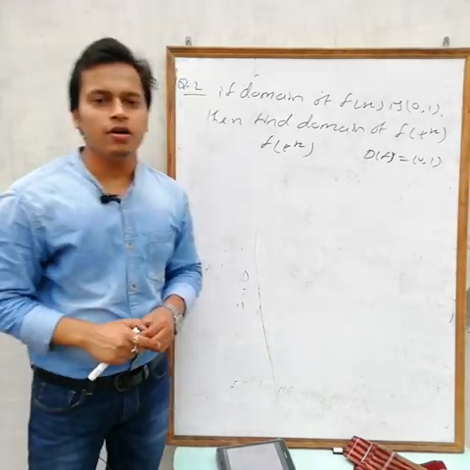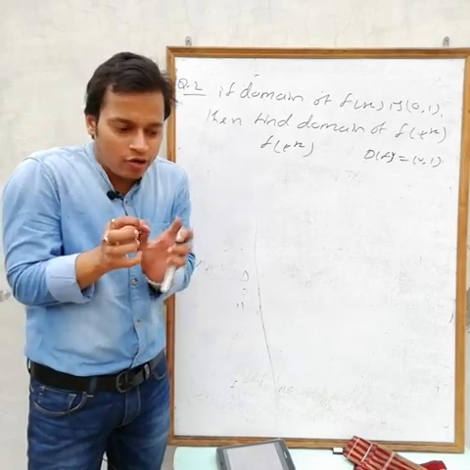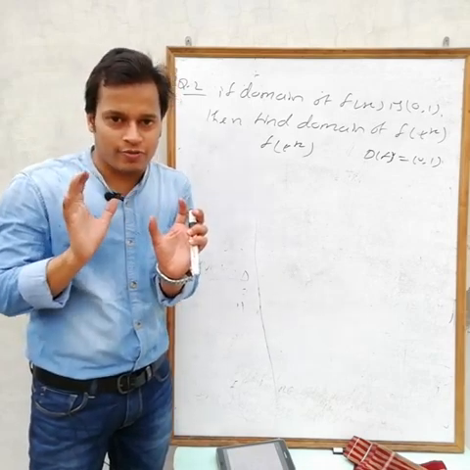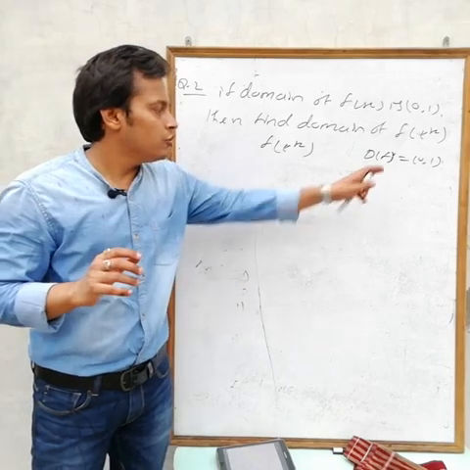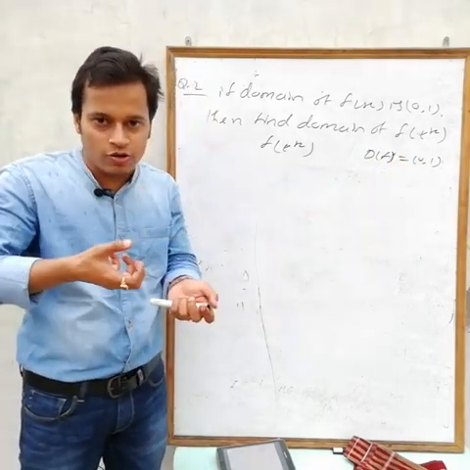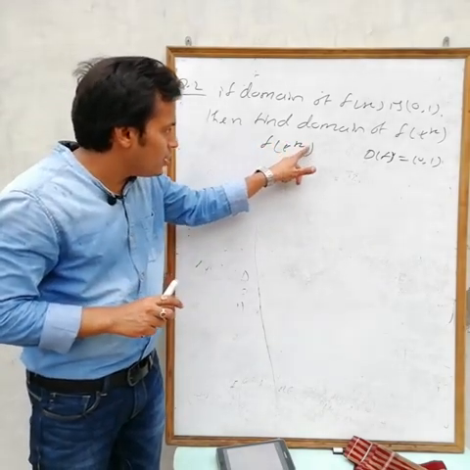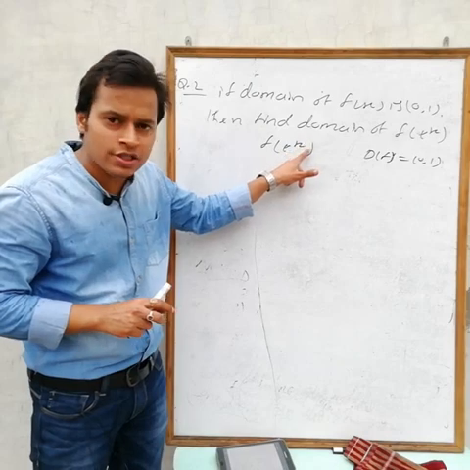So, if the domain of f is [0, 1], it means f can take only values from 0 to 1. So the input of f, which is e power x here, must belong to only [0, 1].